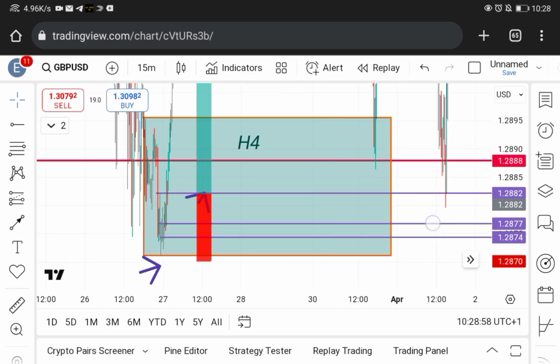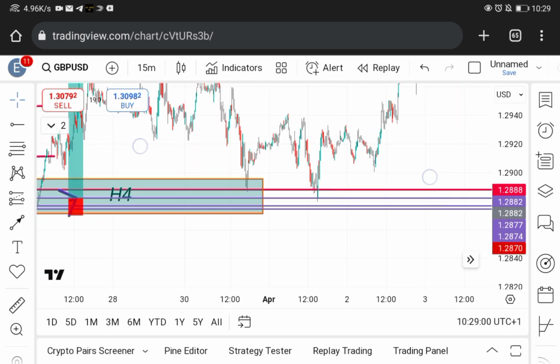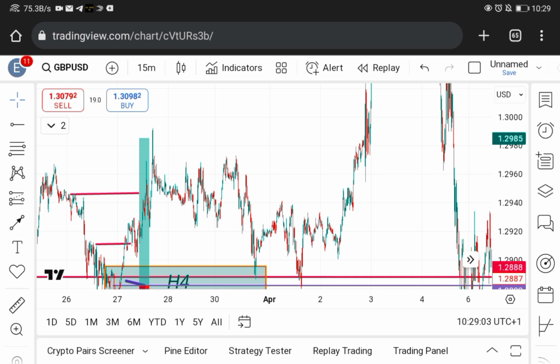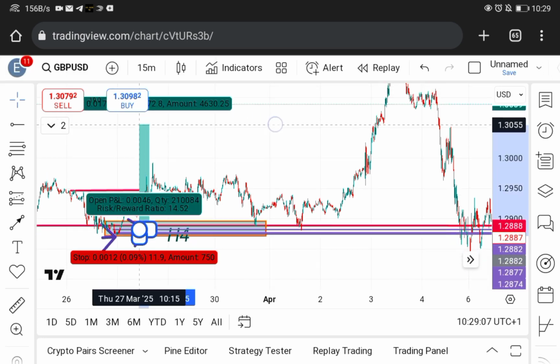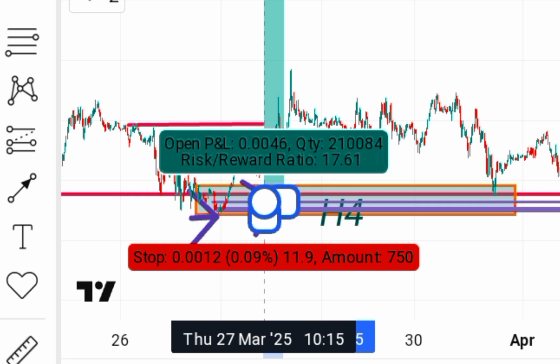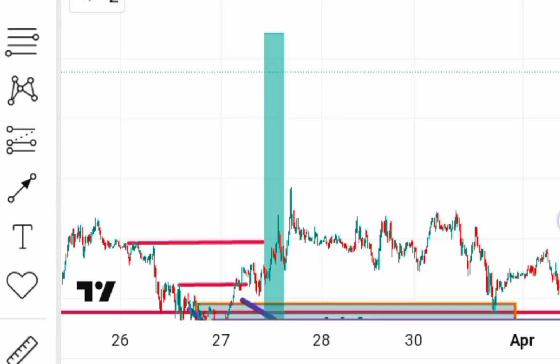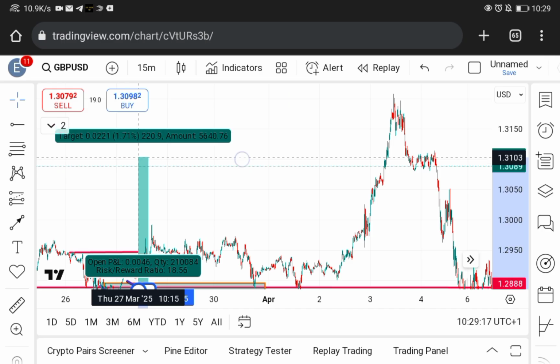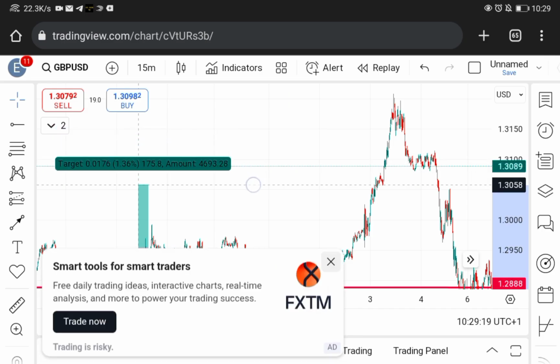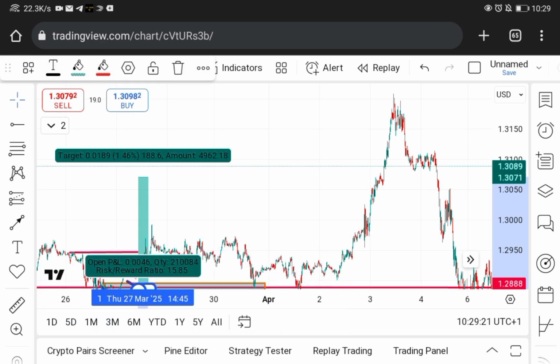So this is how you can do your top-down analysis. The market taps in, and then you go with the market. You can as well target 1 to 10, and that was your 1 to 10. But this market moved more than 1:20 RR. The market moved up to 1:27 RR. So you can go with your 1 to 15, 1 to 20 RR, and you leave the market.